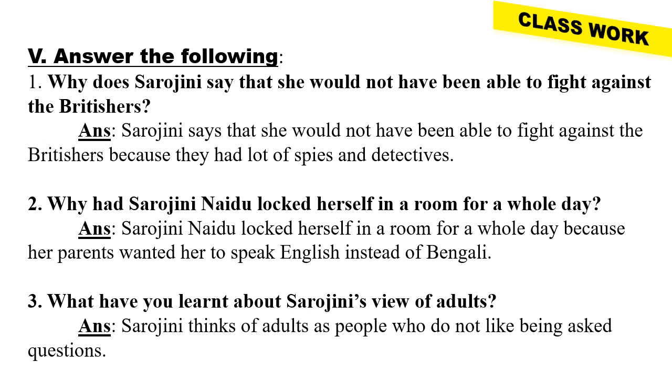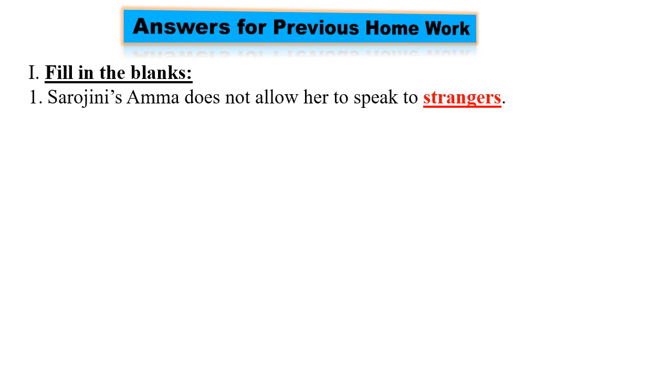So if you have finished, let's check our homeworks. Turn your note to your homework side. Answers for previous homework. Fill in the blanks. Sarojini's Amma does not allow her to speak to strangers.